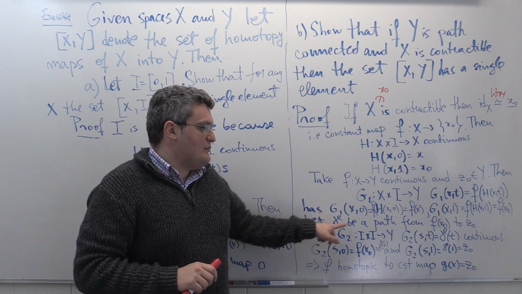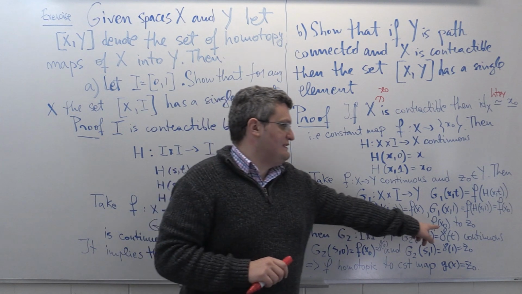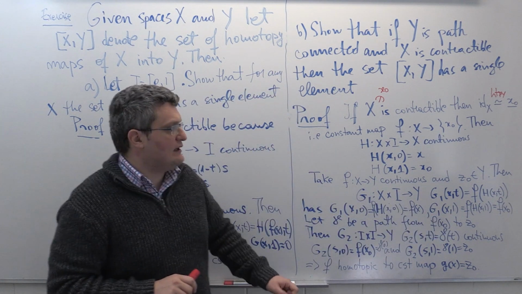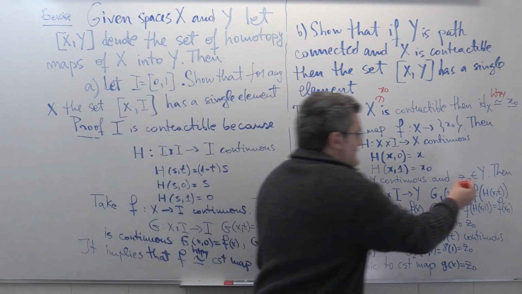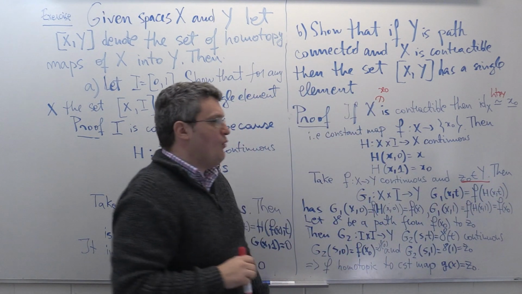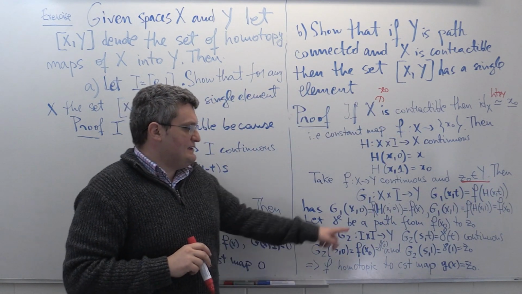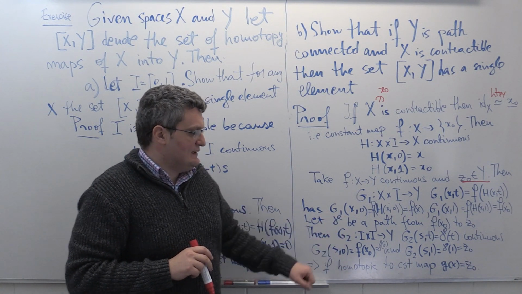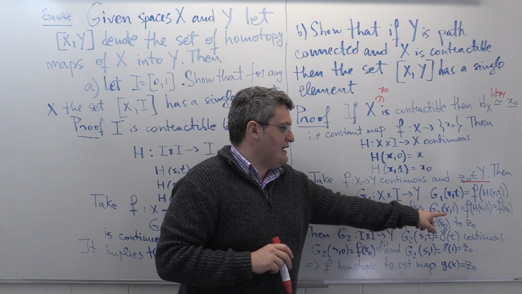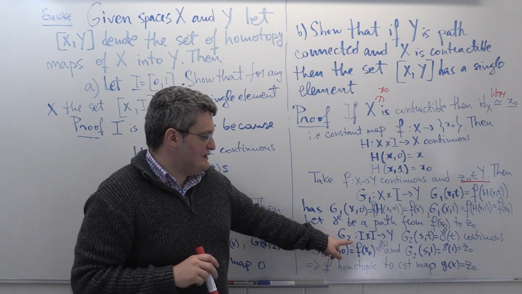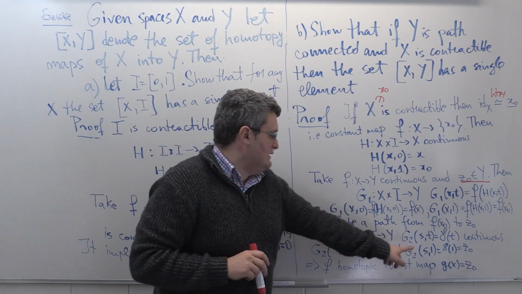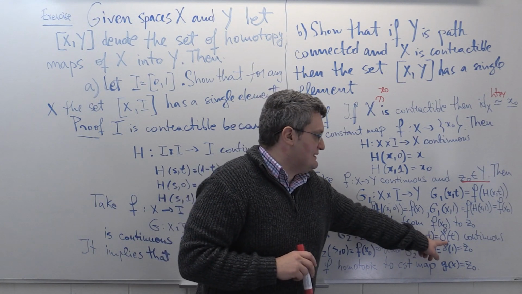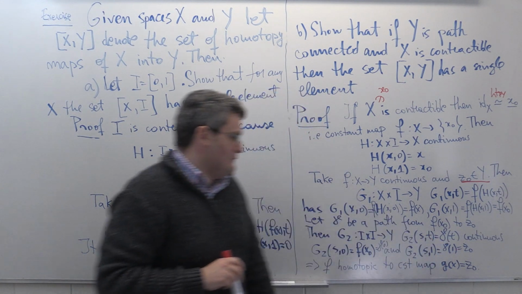So the proof will use the path connectivity of Y. Let gamma be a path from f of x0 to z0, our arbitrary point z0 that we picked in Y. This path actually defines a homotopy between the constant map f of x0 and z0, and the homotopy is defined by g2 of s,t equals gamma of t.